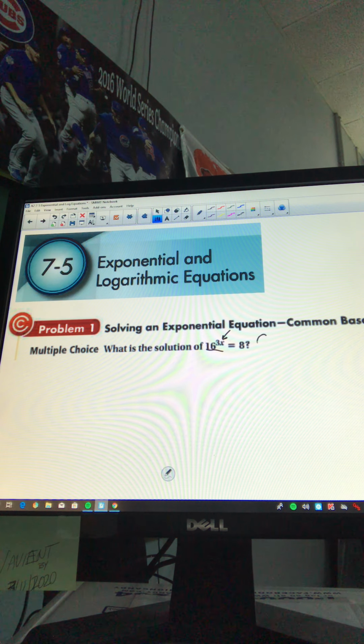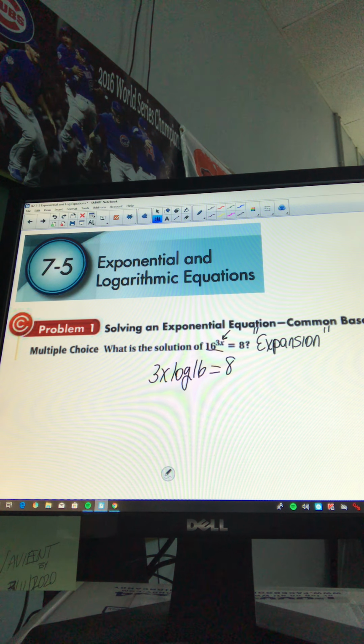So if we use expansion and expand this out, we'll see what we get here. So we have 3x times the log of 16 equals 8.